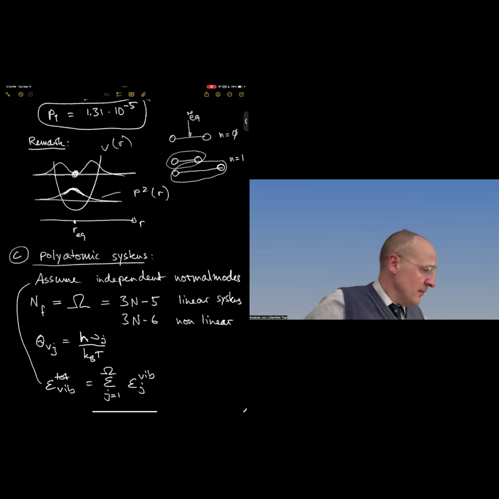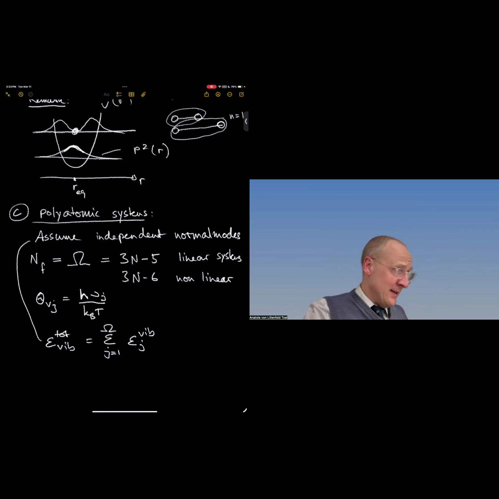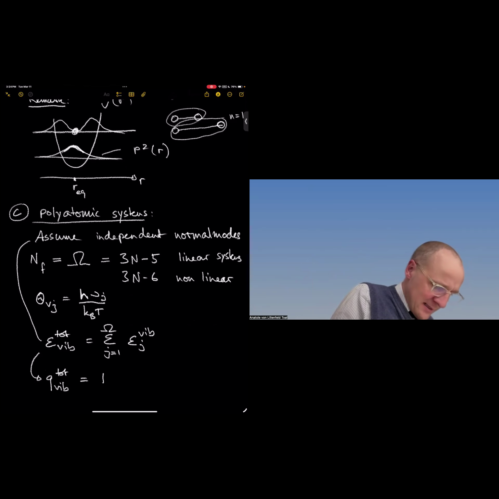Now, since we do that, we can nicely separate again our partition function in each of the different modes. So our Q of the vibration is a product over all the modes Qj for the vibration.